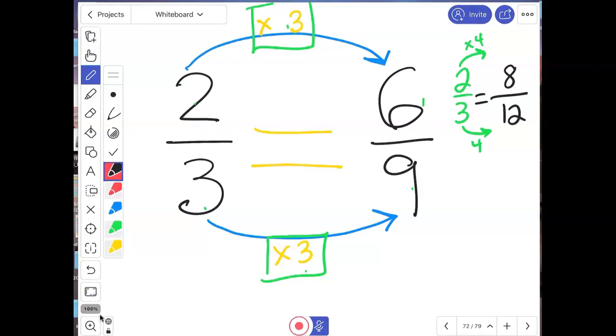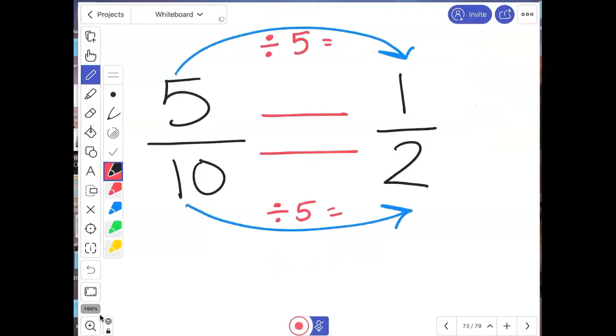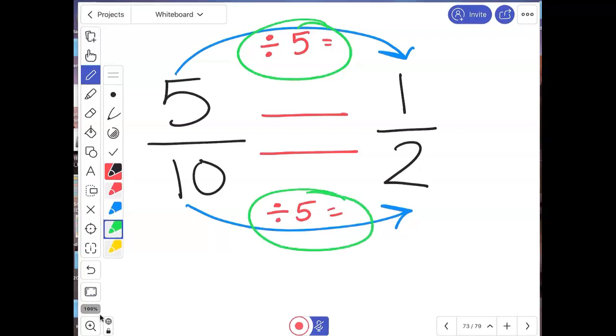Let's look at another one. It also works with division. If I start with 5/10, if I divide both the top and the bottom by 5, 5 divided by 5 is 1, 10 divided by 5 is 2, I've made an equivalent fraction. I could also multiply.